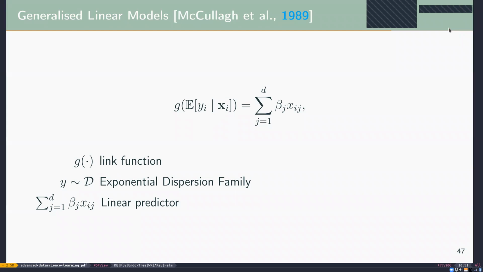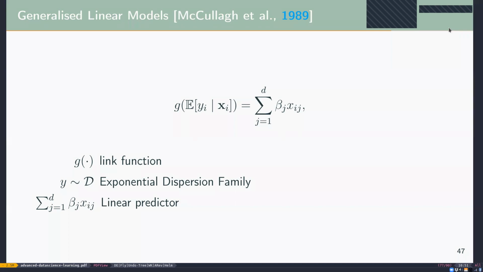Pretty much all distributions that you've heard of or ever used are part of this one. For the Gaussian, you have a mean and a variance, that's a location and a scale. So that's this, and then you have this linear predictor, and that's it. Now, it turns out that you can write a massive class of models using this.